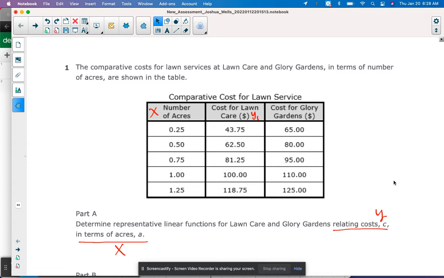And then Glory Gardens is going to be Y2 because we will calculate it second. And we're going to be using Desmos to help us figure out these equations.